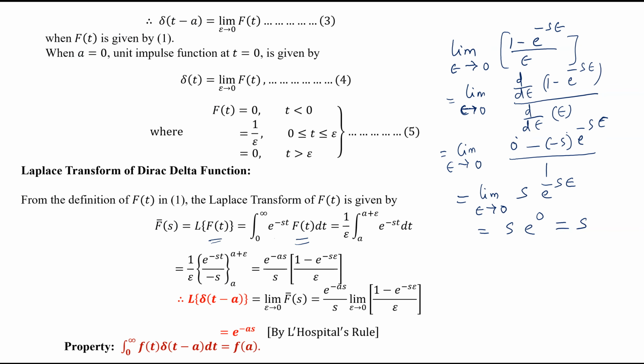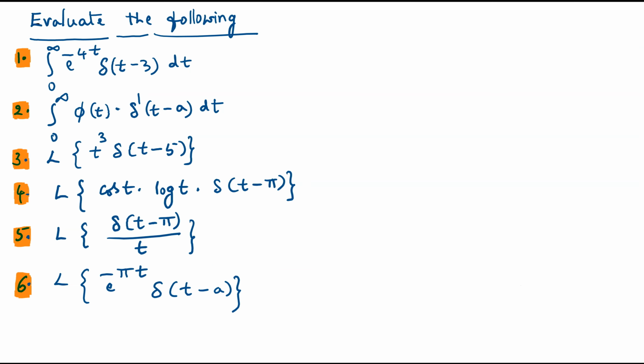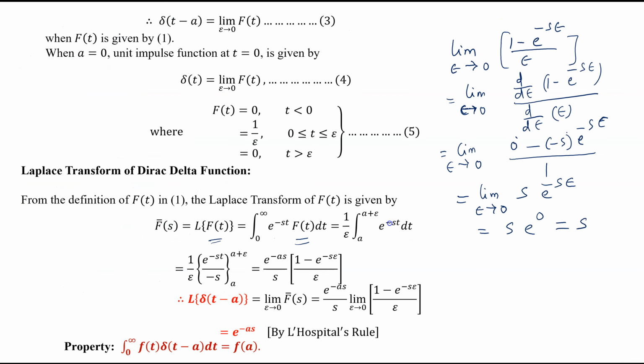We are applying this property directly in solving our examples. Okay. So here we have discussed Laplace transform of Dirac delta function delta of t minus a, which is equal to e power minus as.